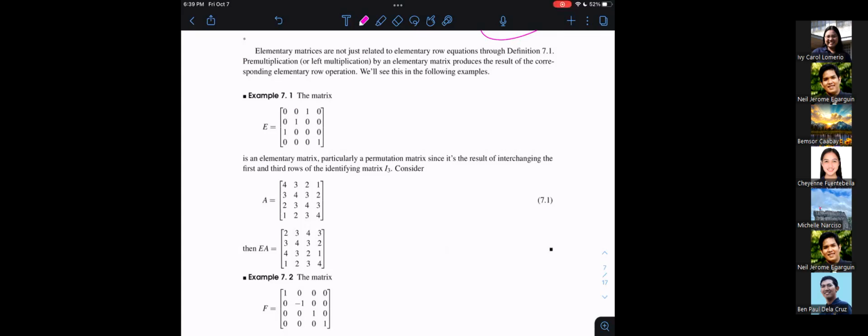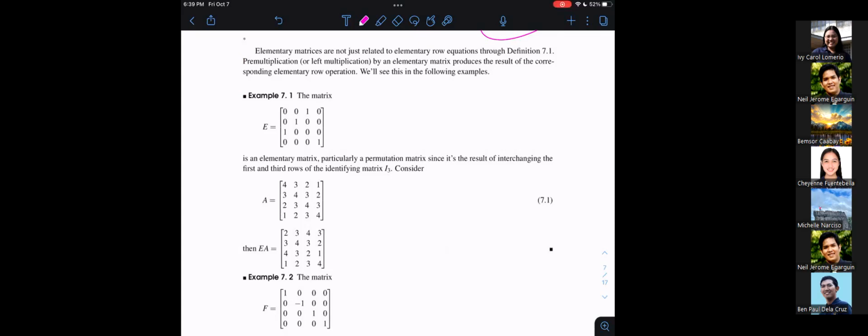Hindi lang natin siya ginagawa on face value ng matrix, pero resulta pala siya ng matrix multiplication. So if you want to do an elementary row operation, you simply multiply your target matrix, or pre-multiply actually, or do left multiplication of an elementary matrix to your target matrix, right?